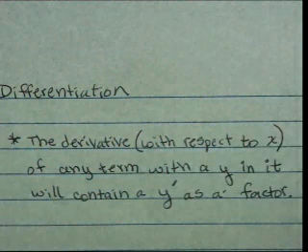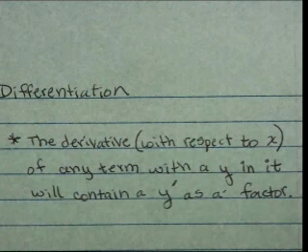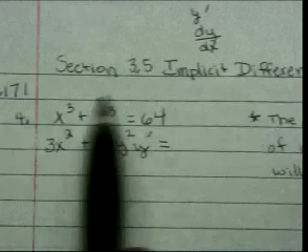Anytime you take the derivative with respect to x of a term that has a y in it, that term of the derivative is going to have a y prime in it, because y is some ugly, you don't know exactly what it is. Now this problem, we could have solved for y.